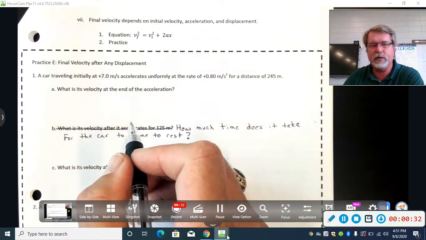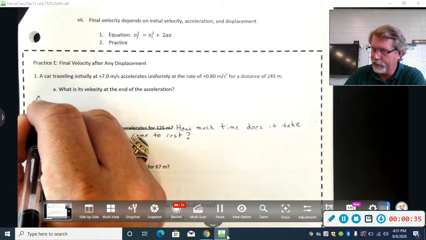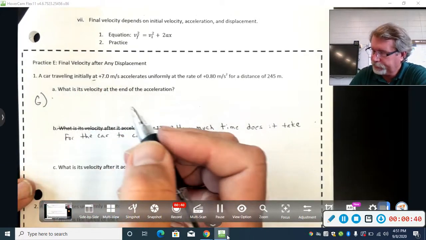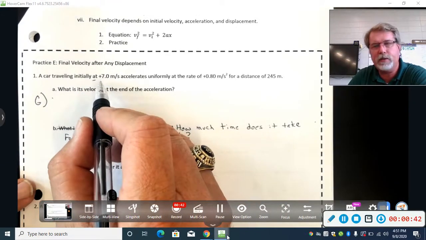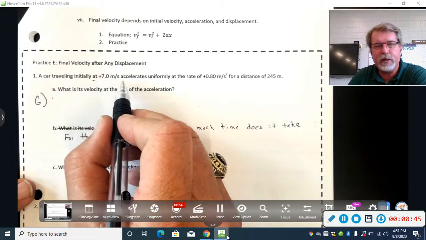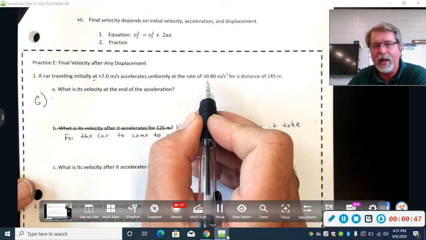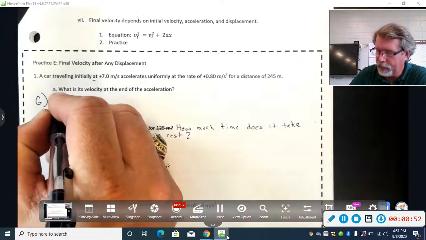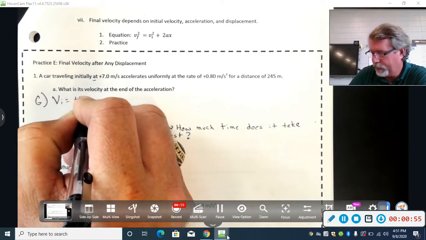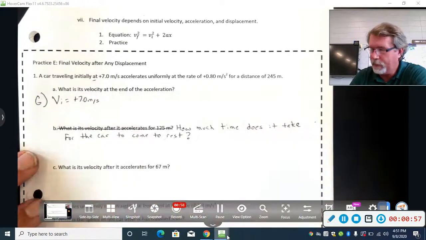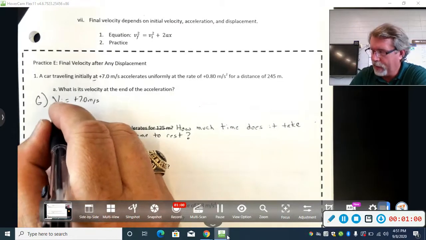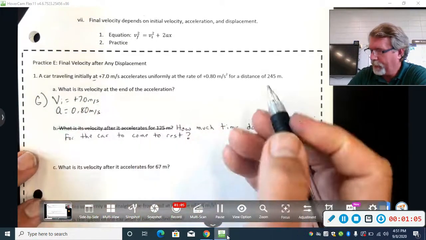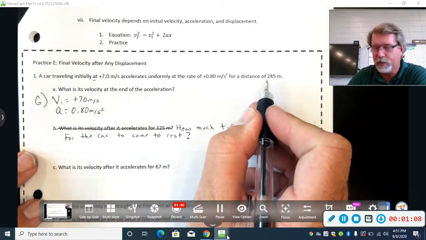All right, so let's practice using this expression. Start off with our givens. What are our givens in our problem? A car traveling at, so "at" gives us a clue that it is the initial velocity, 7.0 meters per second, accelerates uniformly at a rate of A equals 0.80 meters per second squared for a distance of 245 meters.